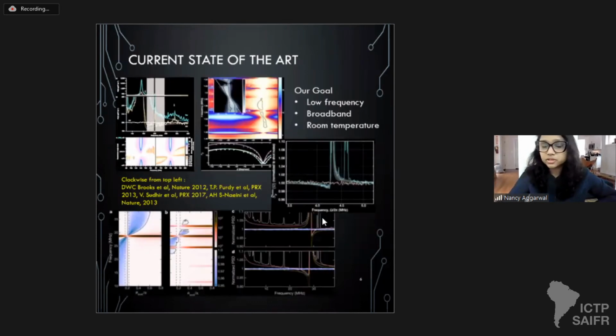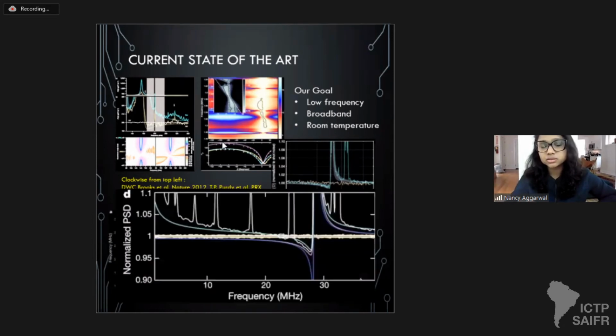But we're not the first people to try and use the optomechanical interaction to generate squeezed light. There are four beautiful experiments that have demonstrated optomechanical squeezing previously, but I'll focus on just one to drive home what we are trying to do and how it's different from what's been done previously.